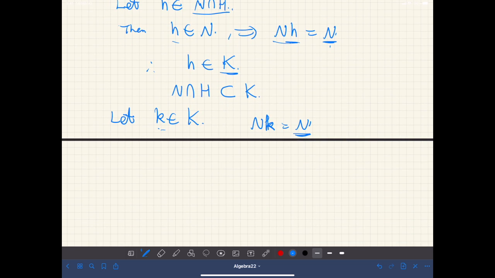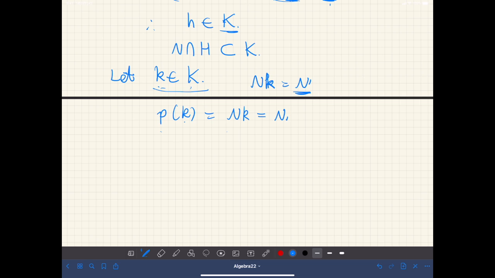So anything that belongs to the kernel maps to this element. P of k is mapped to nk by the definition of P, but since k is an element of the kernel, that must be equal to N itself. So therefore we have k belongs to N.